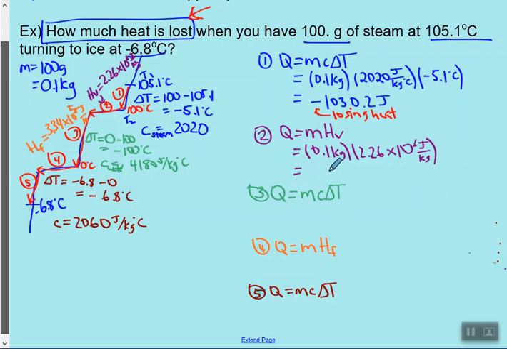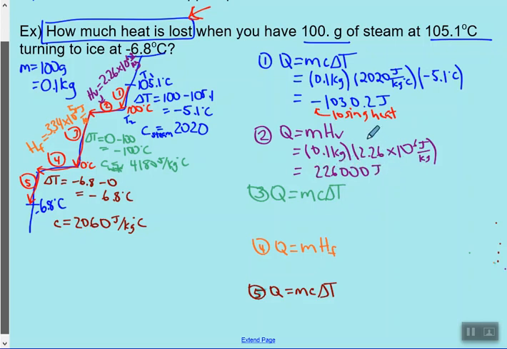Okay, calculating, and we just get 0 joules. Okay, so I did not leave it in scientific notation. So we get 226,000 joules.